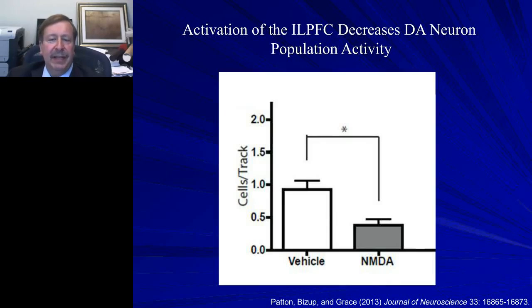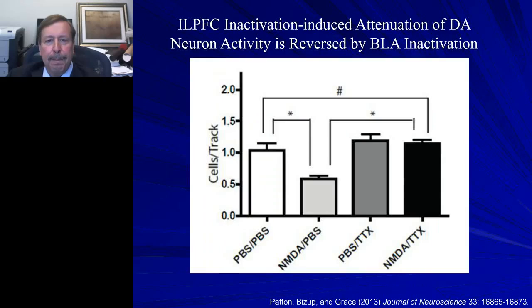If we activate the rat equivalent of this, which is the infralimbic prefrontal cortex, what we find is the same thing we saw in the depressed rats, a decrease by half in the number of dopaminergic neurons firing. Now, this decrease in number of neurons firing we find that we can reverse. And we do this by looking at another system that's been shown to have an involvement in depression.